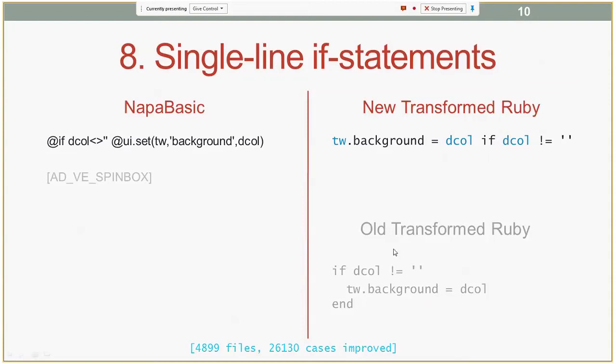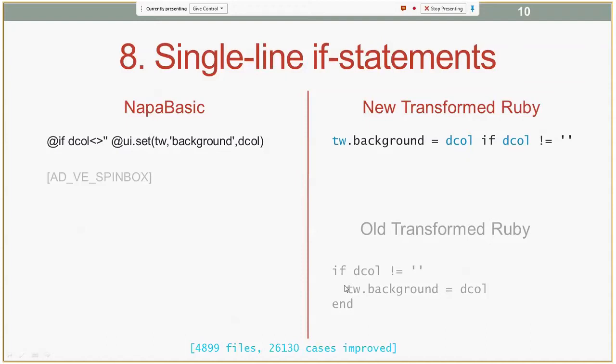Then for if statements, we have in NapaBasic very many one-line if statements where we have if something and then just one statement without then and without end if. In our previous transformed Ruby, we didn't support this single line if. Of course, we supported this in NapaBasic, but we were always generating multi-line if statements in the Ruby.